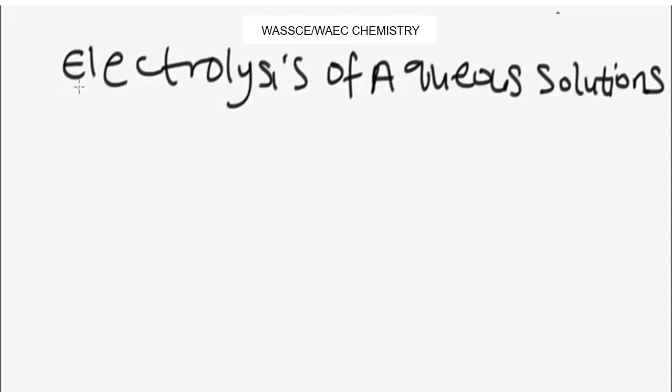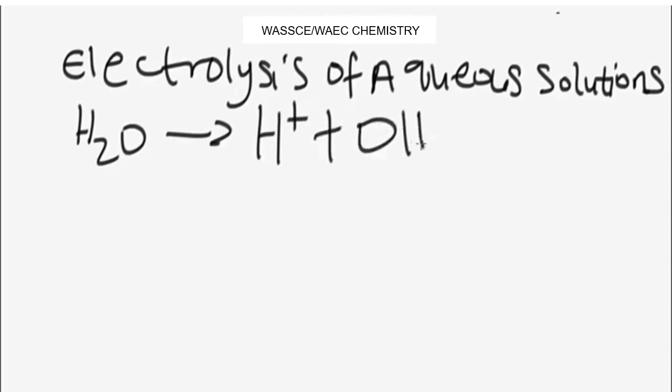In the water, or the solvent, this is how hydrogen ion and hydroxide ion are produced. So we're going to have hydrogen ion plus hydroxide ion. Note that this reaction is a reversible reaction.